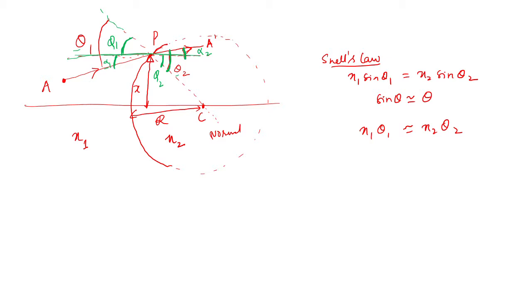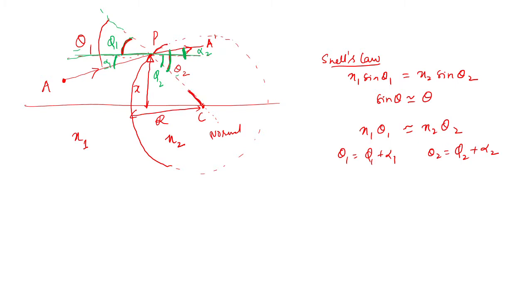Alpha 2 is the angle between the ray and the horizontal passing through point P, and phi 2 is the difference between theta 2 and alpha 2. So now I can write this mathematically: theta 1 is phi 1 plus alpha 1 and theta 2 is phi 2 plus alpha 2.